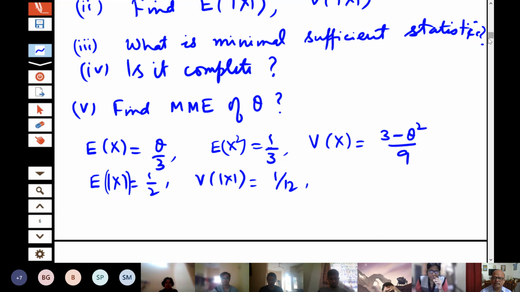So what I said, you write fx theta by fy theta. When is it independent of theta? You have to get a necessary and sufficient condition for that. Somebody said x should be 0, but that doesn't give any relation.